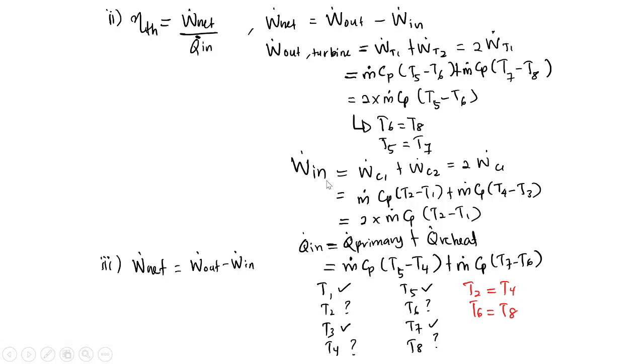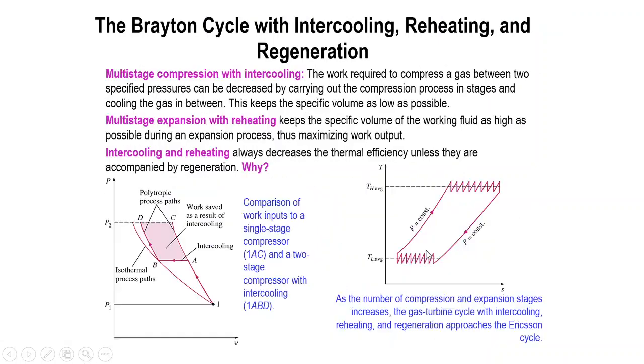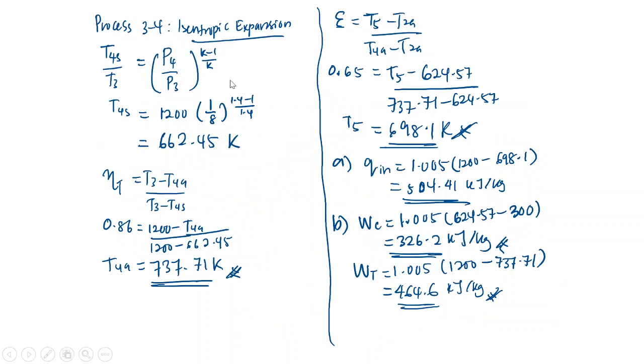All right. Then we know the temperature at points 6 and 8, using the same figure. Okay, T5 and T7. From T5 and T6, we use this.